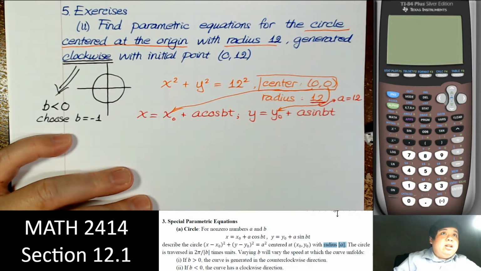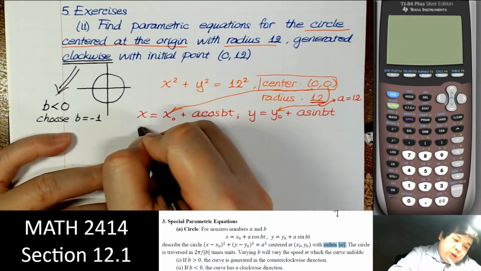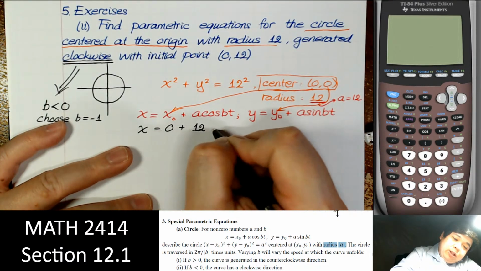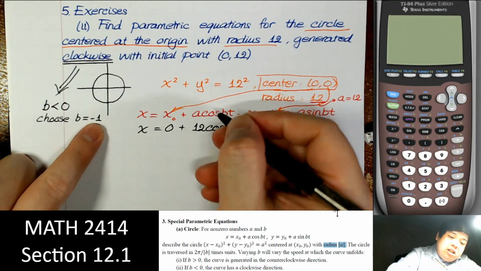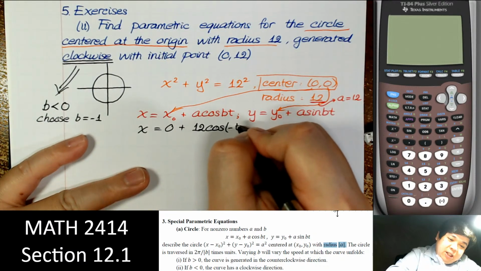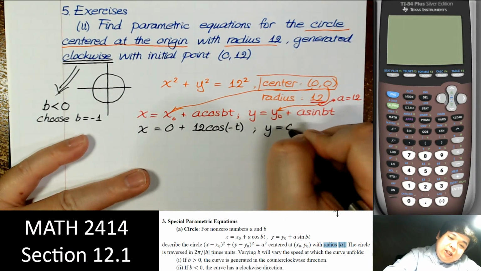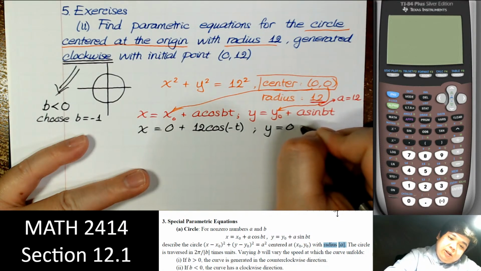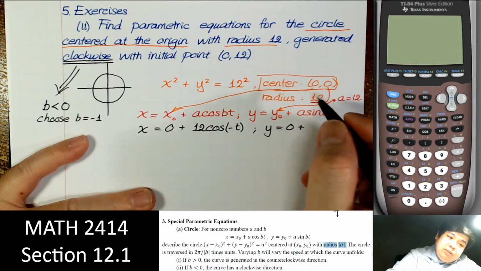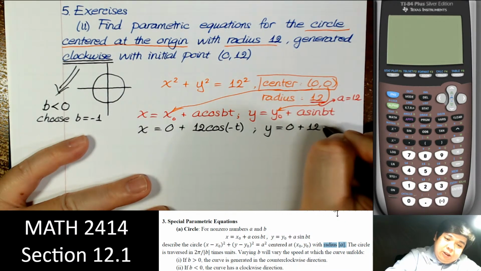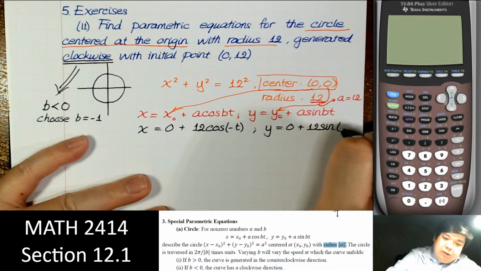Putting them together, we have x equal to 0 plus 12 cosine of -t, and y equal to 0 plus 12 sine of -t.